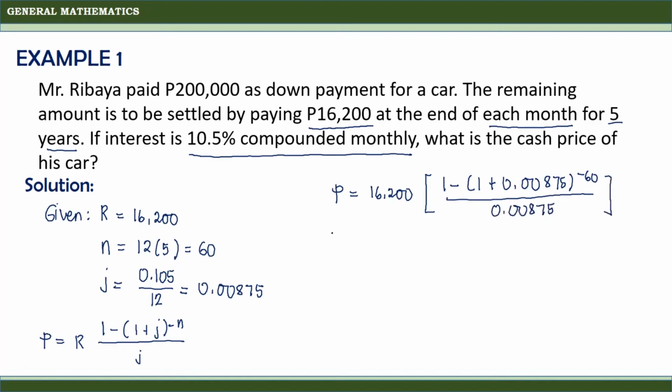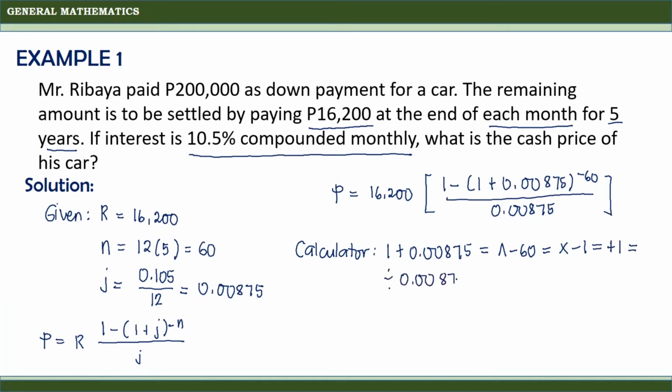To find the value of P using our calculators, we need to input the following. 1 plus 0.00875, then equal sign, raised to negative 60, then equal sign, times negative 1, then equal sign, plus 1, equal sign, then divided by 0.00875, equal sign, then times 16,200, then equal sign.